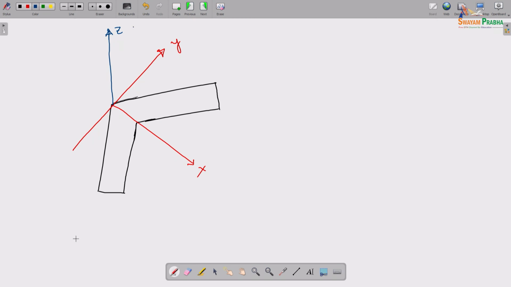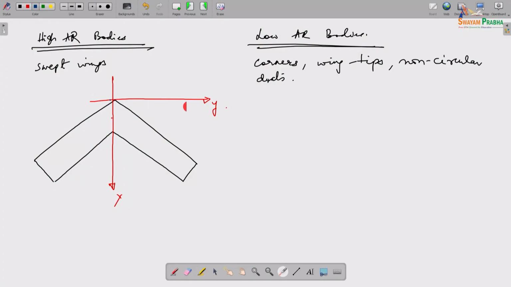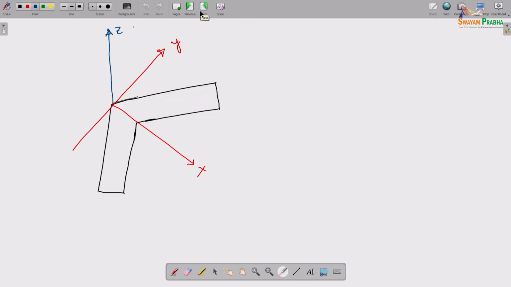Here both span-wise and stream-wise gradients are small, and the ordinary boundary layer approximations apply. Swept wings could be many other ways also; you can have a swept-back wing also. What we are saying is that when you move along the x or along the y, the variation in the boundary layer is very small compared to its variation in the direction perpendicular to the plane of the board.